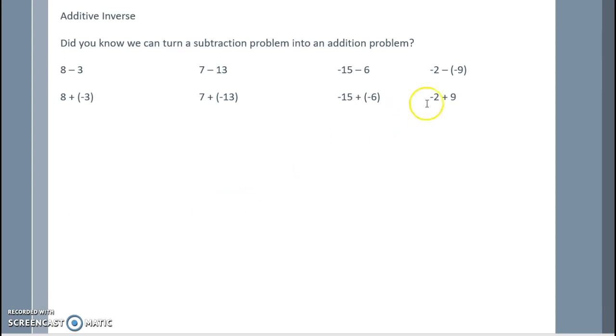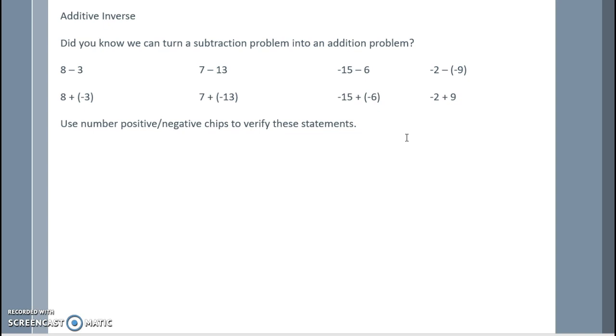Oh, this should be plus a negative 9. No, plus 9. Go ahead, try using positive and negative chips to verify that these statements are in fact true.